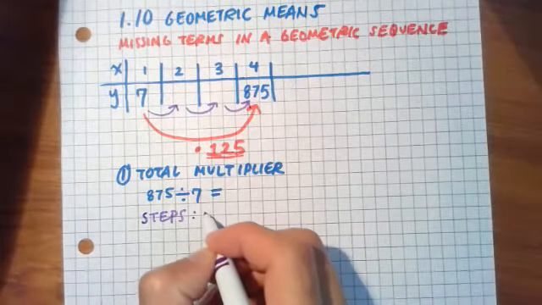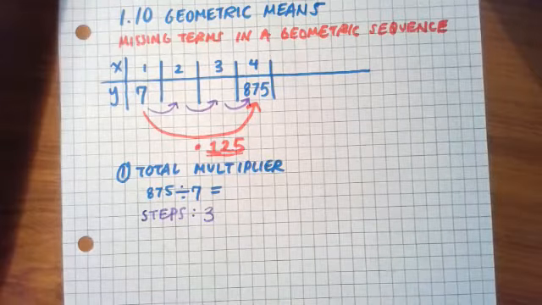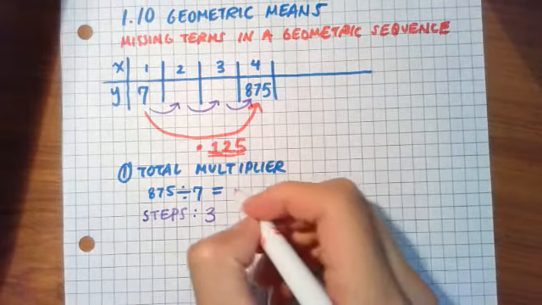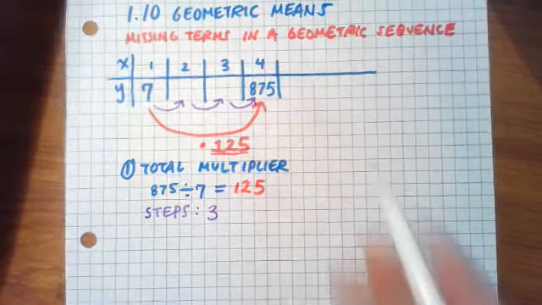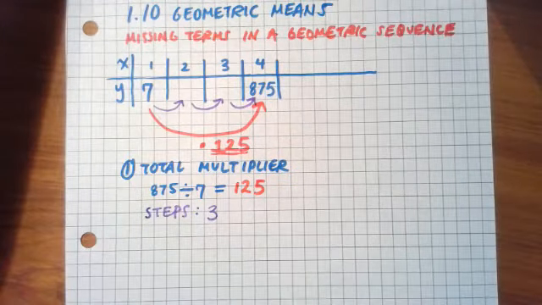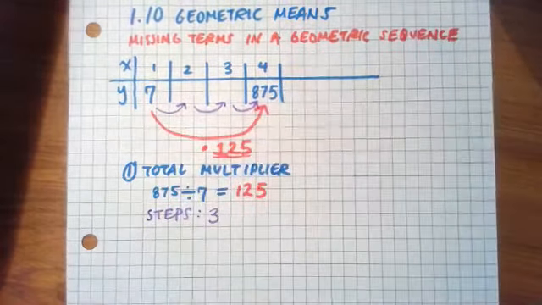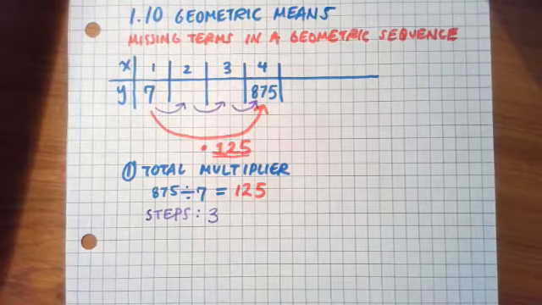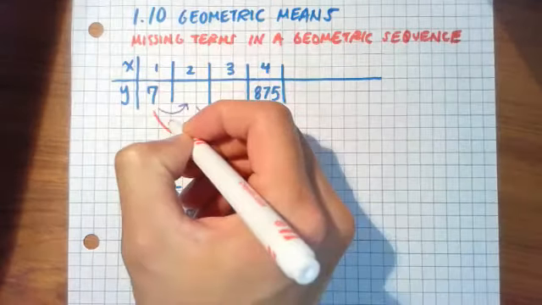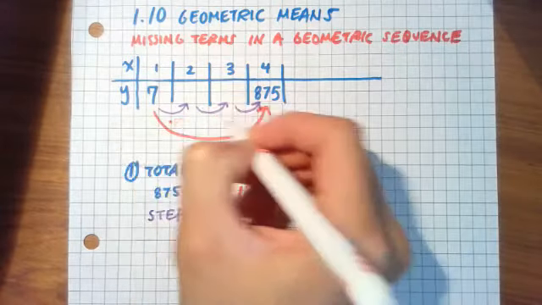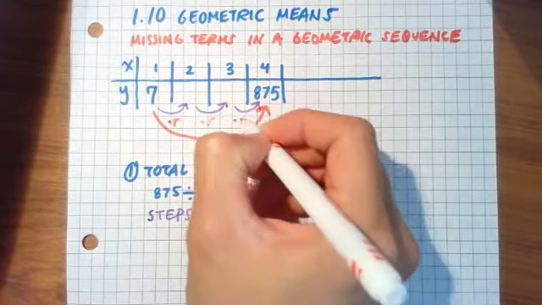So there are 3 steps. And what's happening is, with each of these steps, I'm multiplying by the constant ratio. Let's call the constant ratio r. So I'm multiplying by r, multiplying by r, multiplying by r.